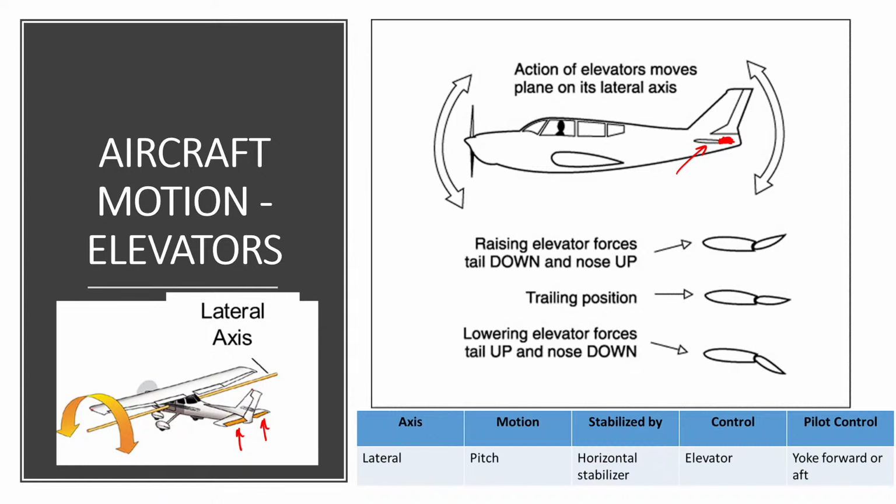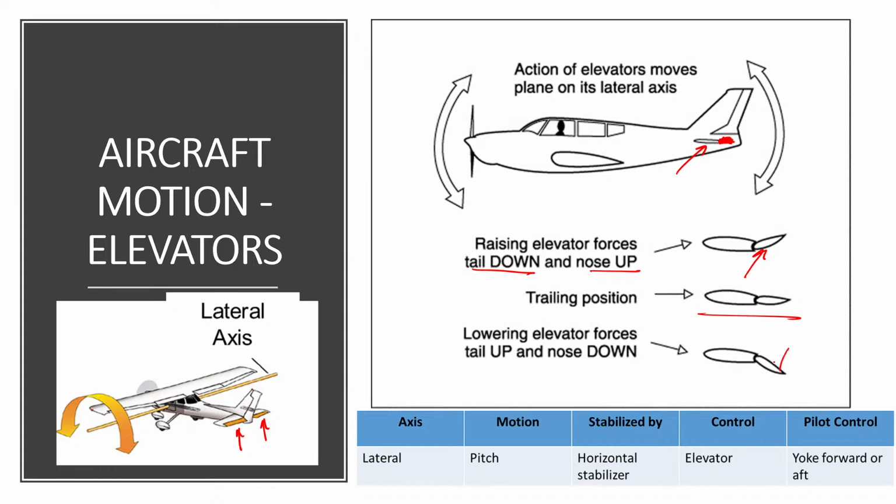Traditionally, the elevator is located on both sides, and every manufacturer is a little bit different. If you're flying a Piper, we call these stabilators. It's one giant elevator instead of 2 components like you see here. Very simply, there is a trailing position, which is neutral, meaning that it's not pointed up or down. If the elevator is pointing up, it's going to force the tail down and the nose up, which means that you would climb.